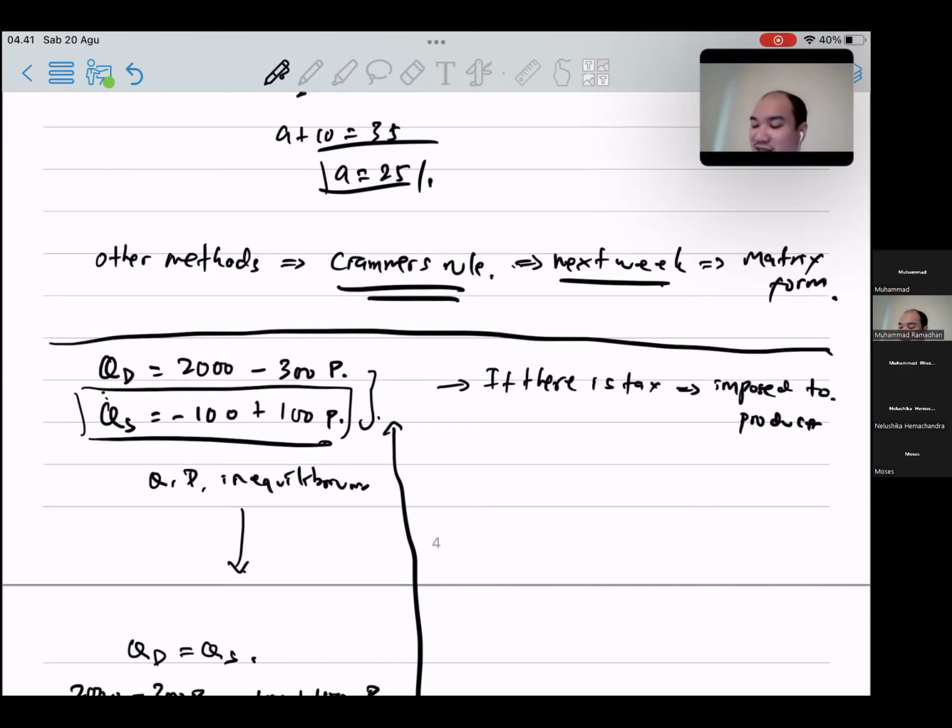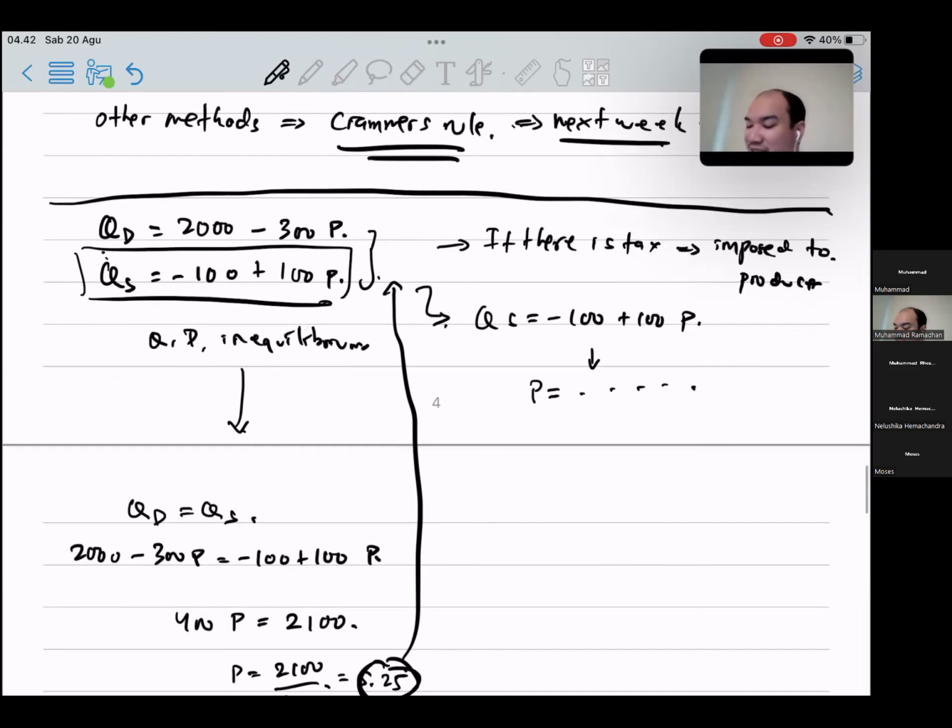So firstly, you have to change QS equals minus 100 plus 100P to P equals something. You convert this equation to 100P equals QS plus 100, and P is (Q plus 100) divided by 100, so PS is 0.01Q plus 1.